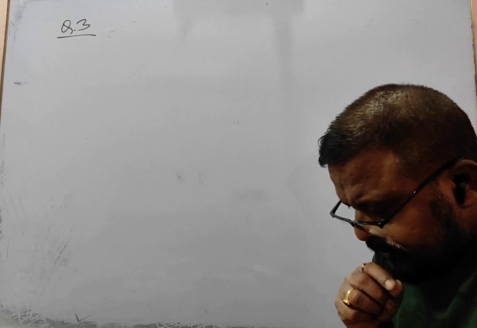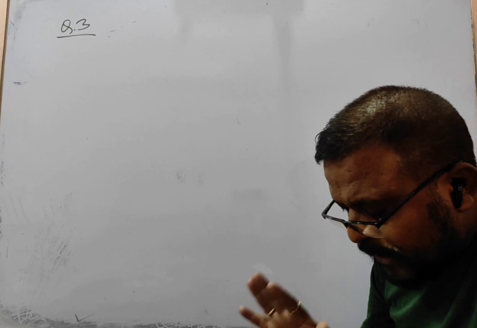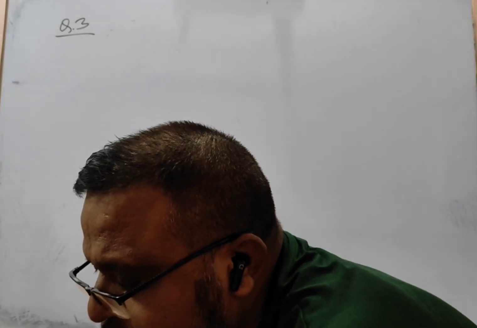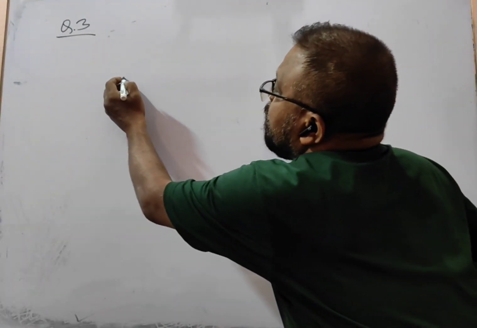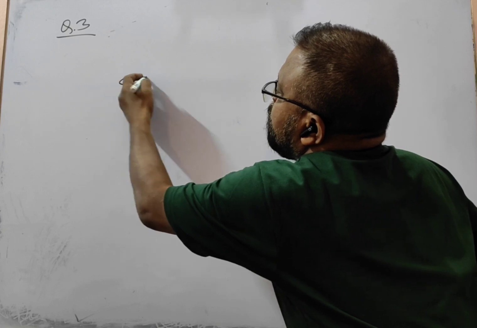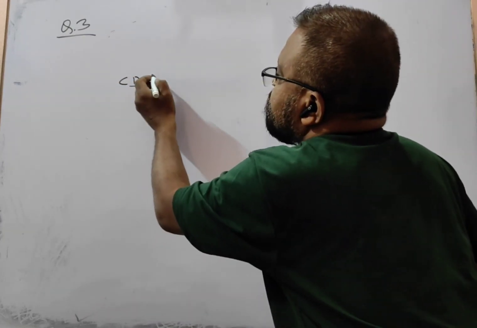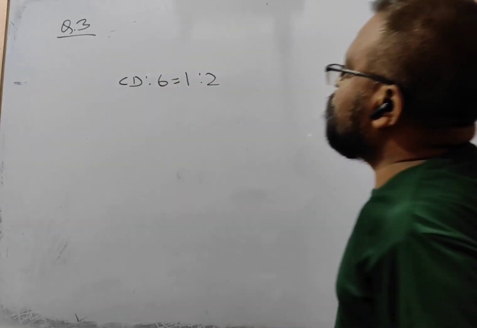CD ratio 6 is equal to... They have done the same thing that I did, sir. They are writing there that CD ratio 6 is equal to 1 is to 2, right?